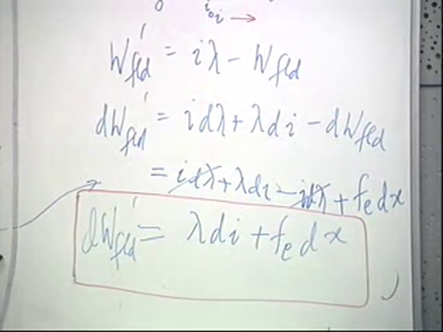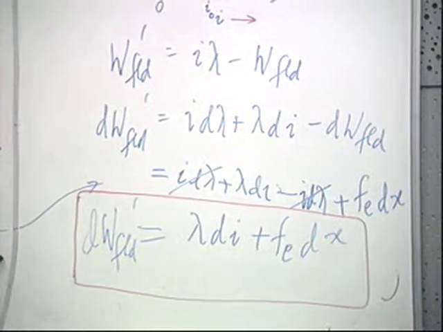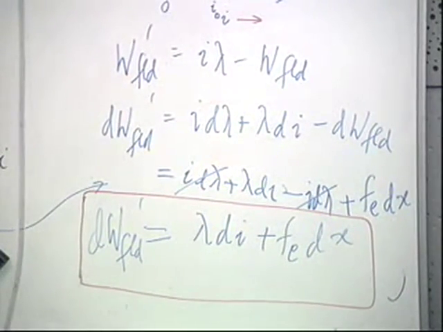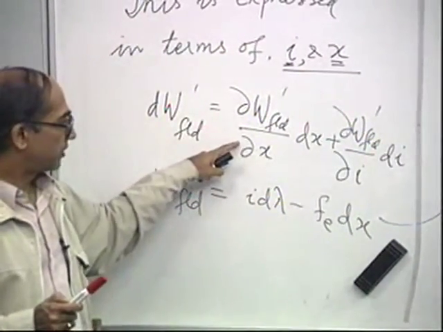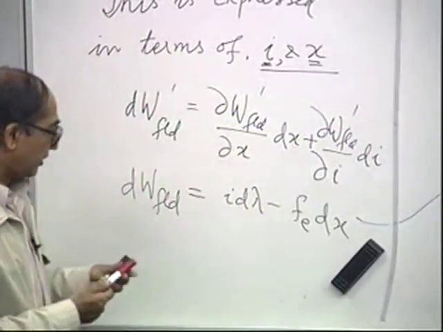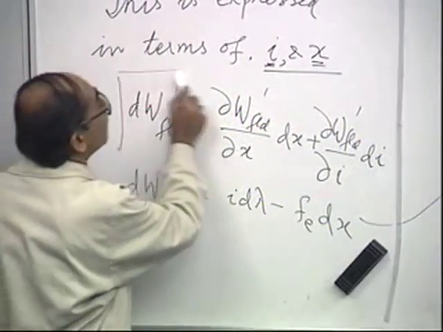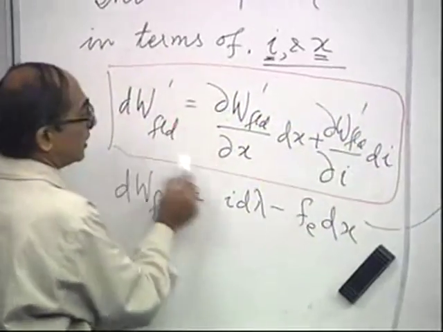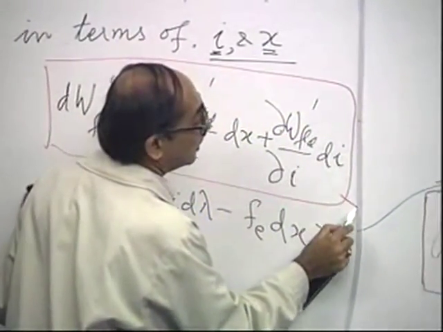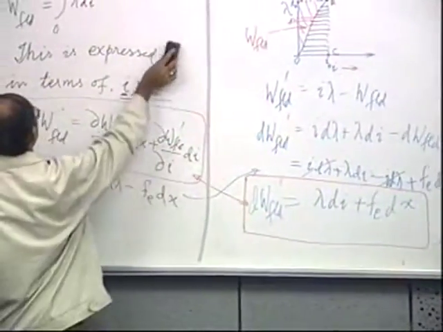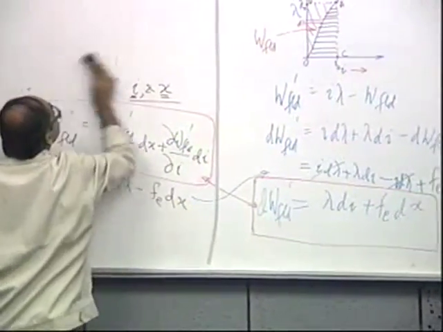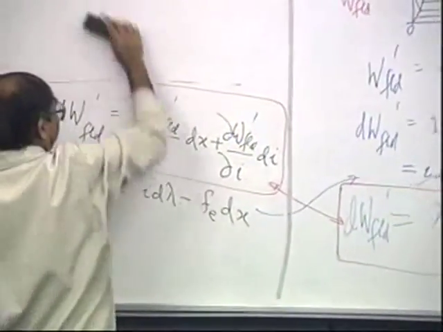So what do you conclude from here? We have this expression for dW field dash, and we have another expression. We have two equations.